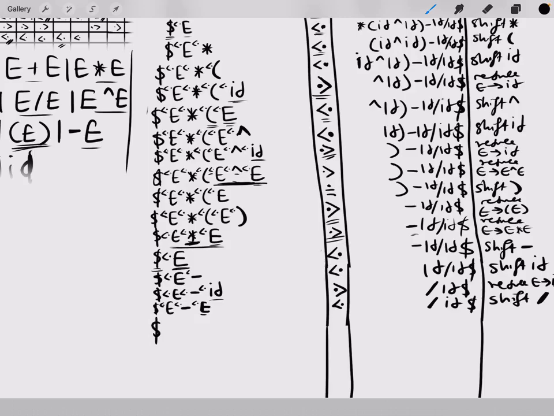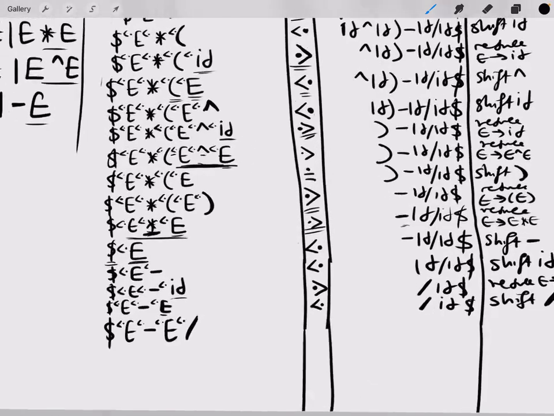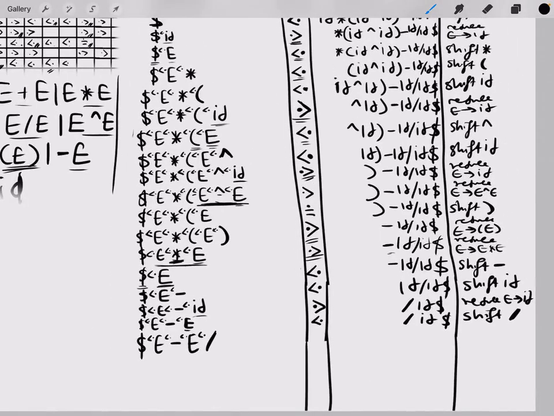We have dollar sign, E minus E, then the division. From there we have ID and then dollar sign. By now we should know that the division is going to yield precedence to ID.